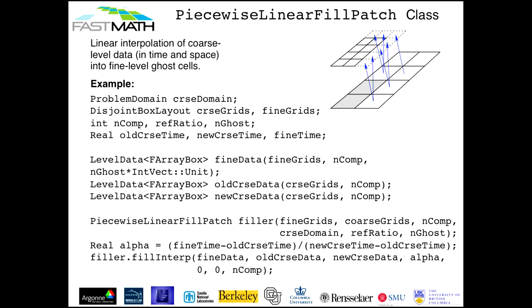So this handles the idea that the coarse grid is a coarse space-time grid, and it's going to interpolate onto your face at the correct time. You're going to end up correcting that all during the synchronization phase, but you will actually evolve the fine grids wrong if you don't do this space-time interpolation to fill those ghost cells. So this handles space-time interpolation to fill ghost cells from a coarse grid that has a coarse and a fine time state.